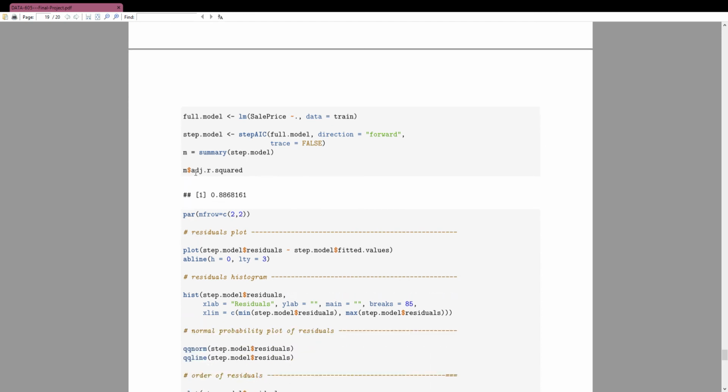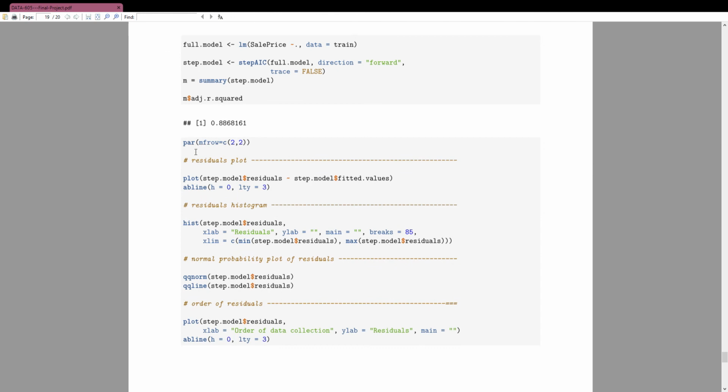You see here our adjusted R² was 0.8868161. I actually did a different model, and it did come up with a higher adjusted R² value. However, I come to find out it looked like the model was overfit, but that's besides the point.